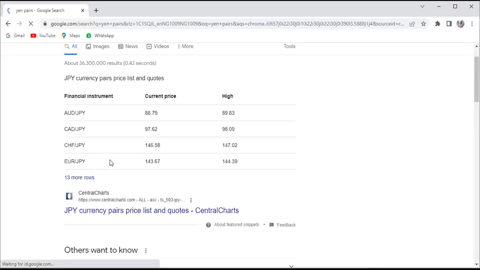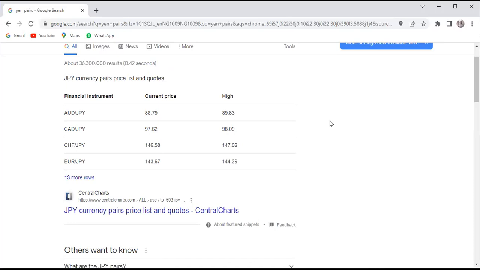Let's search for yen pairs. These are yen pairs: CAD JPY, CHF JPY, EUR JPY, and lots more.